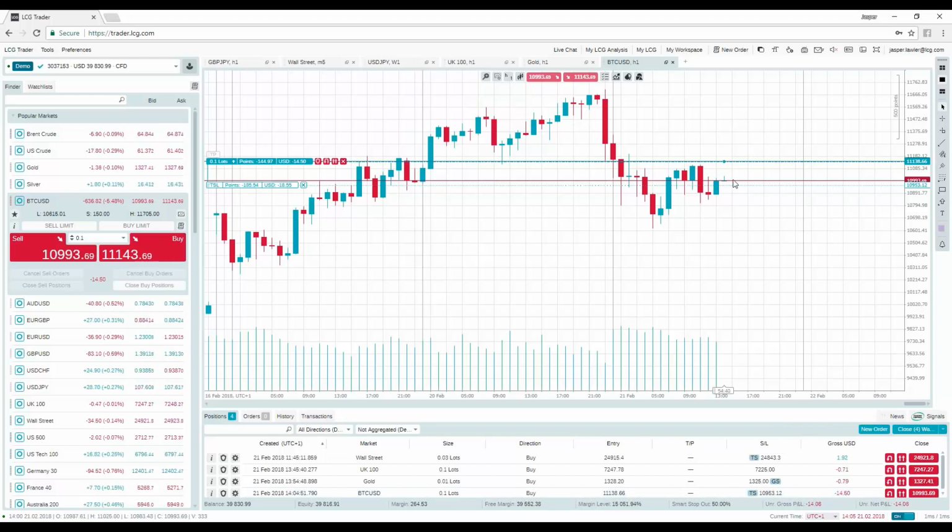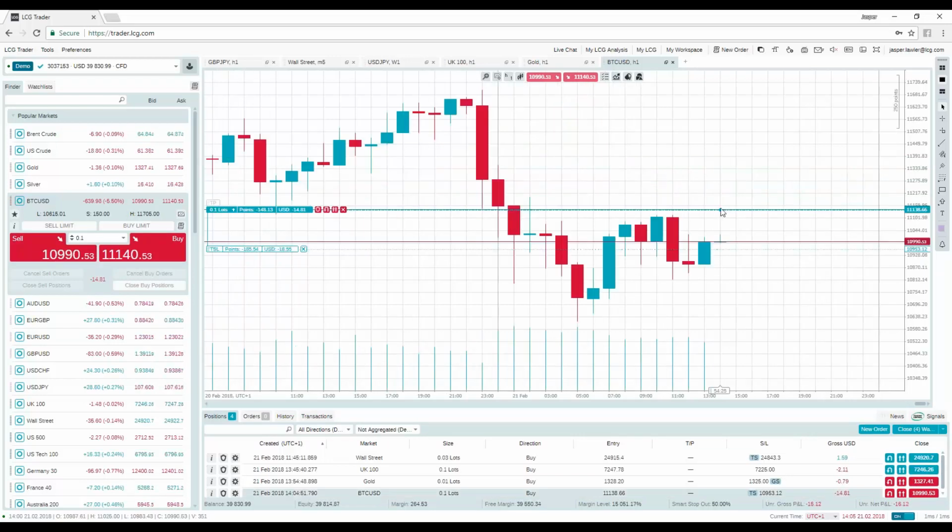No. So there's my order to enter the market. I was buying at 1138, so that's buying the market up here. And here's my trailing stop down here, and you see it says TS 10953.